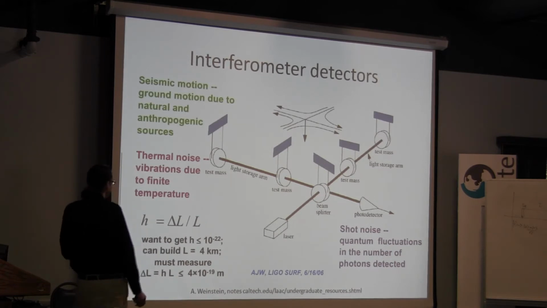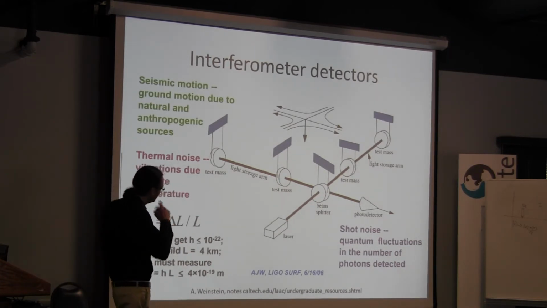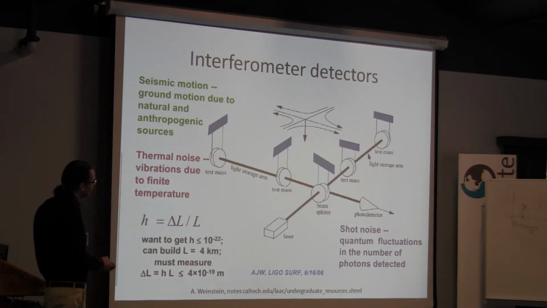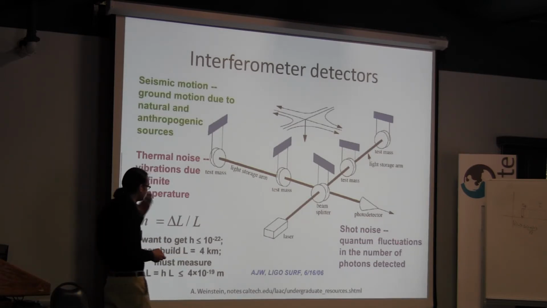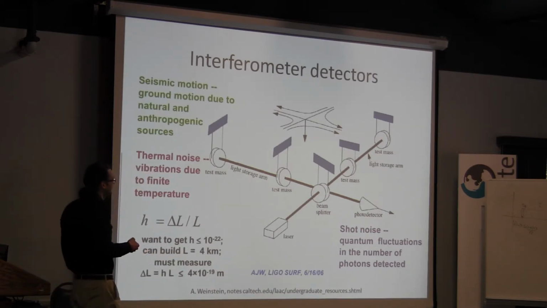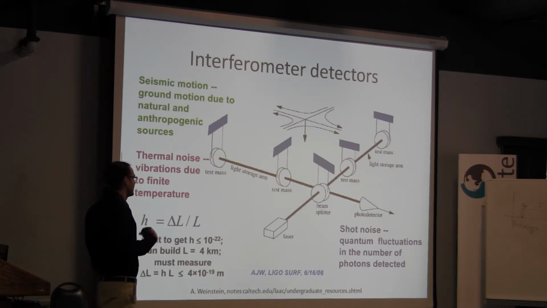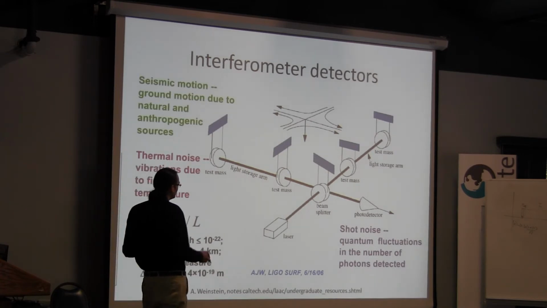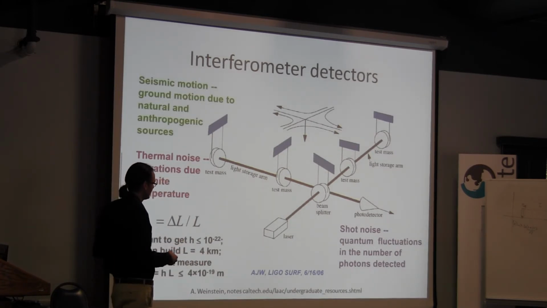And so, on the limitations, there are a few kinds of noise that limit these detectors. At the high frequency end, these detectors are shot noise limited, just the number of photons detected. That's because at high frequencies, above the cavity line width, the cavity has some difficulty in resolving displacements, as we were discussing yesterday.